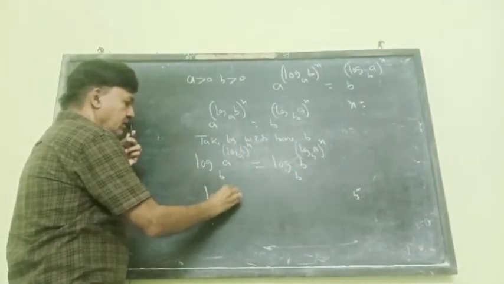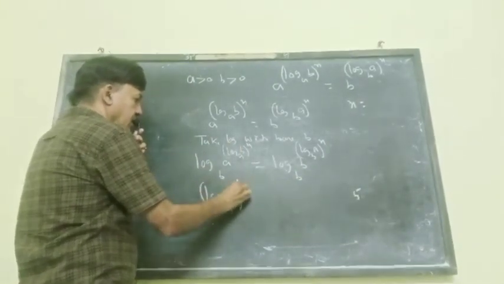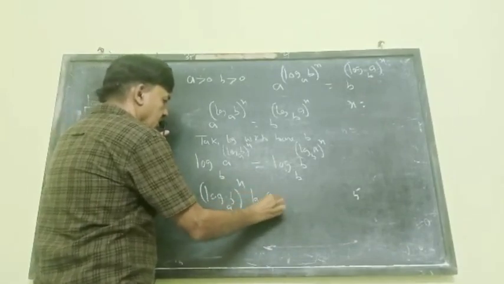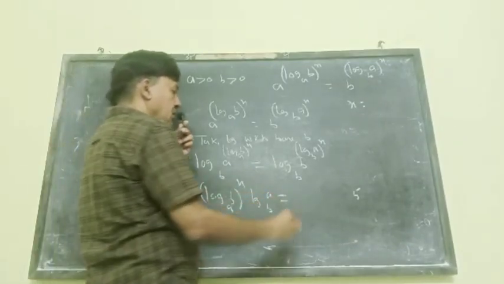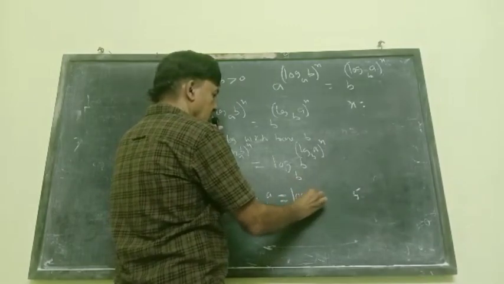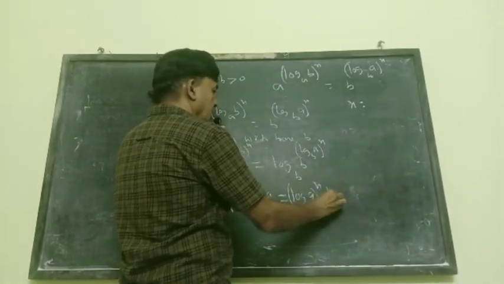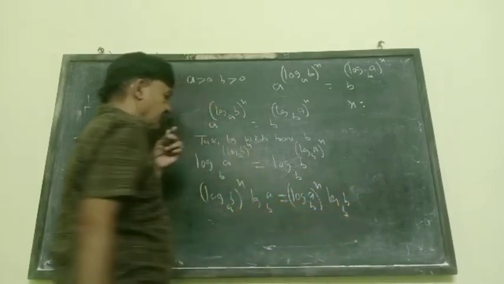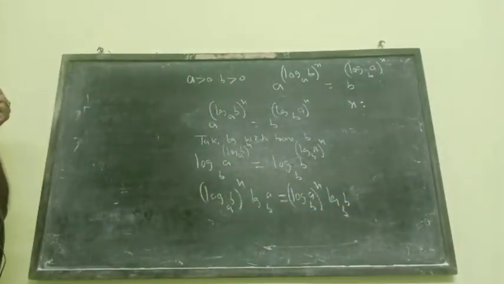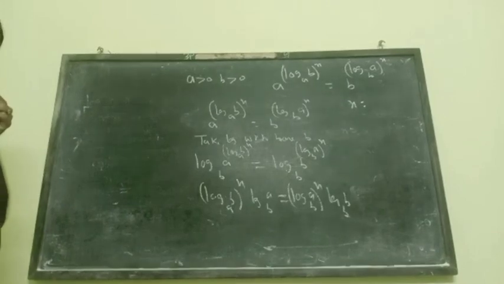So log B to base A whole power x into log A to base B is equal to log A to base B whole power x into log B to base B. Log B to base B is how much for you, 1? Right?